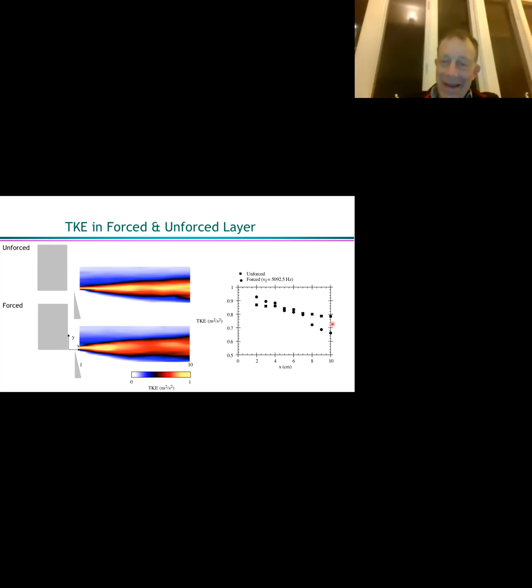John? Yeah. Just a small observation on this, and then a general question. I look at this picture, and it seems like close to the nozzle, the turbulent kinetic energy is higher. It's a lot more yellow. Yep. And so, in answer to the previous question, it's probably in some sense being conserved.